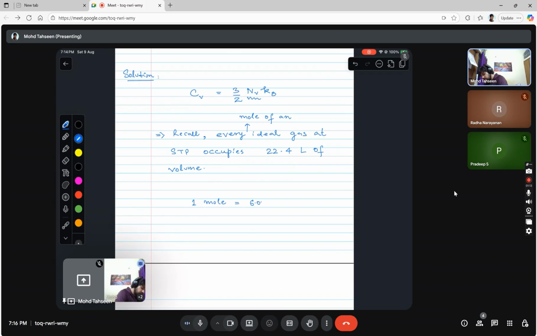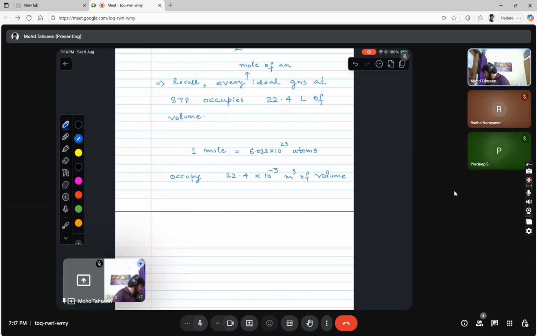Avogadro's number, 6.022 times 10 to the power 23 atoms of argon, occupy 22.4 liters. Now I will convert it into meter cube. So I have done two things here. I have written 1 mole in terms of atoms and the volume in terms of meter cube.